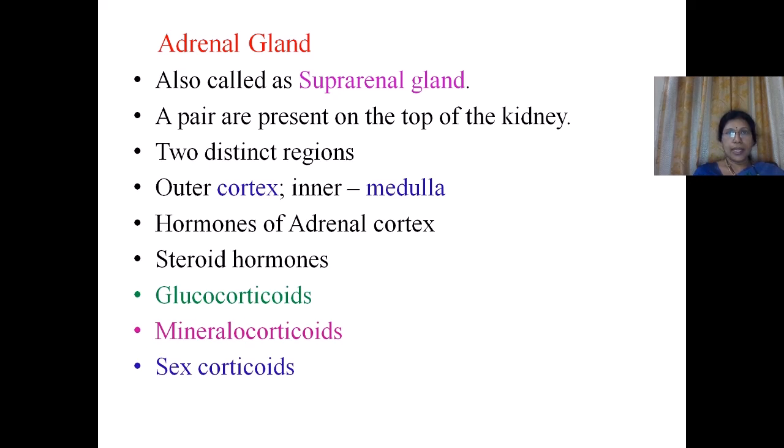In adult males, larger amounts of androgens are secreted by the testes. In older females, adrenal androgens are secreted and they cause masculinizing effects such as development of mustache, beard, and change in the voice. This condition is called adrenal virilism.